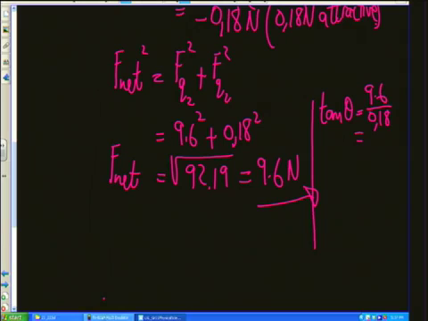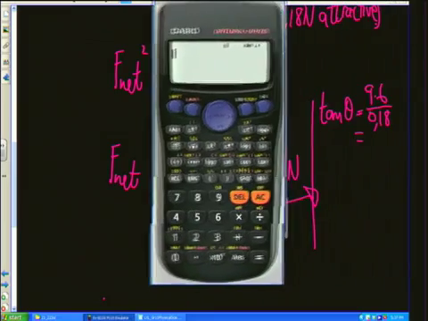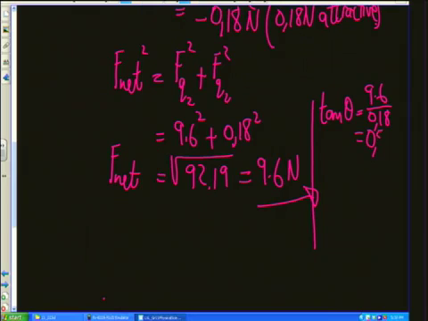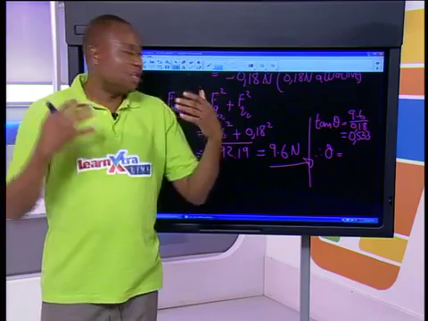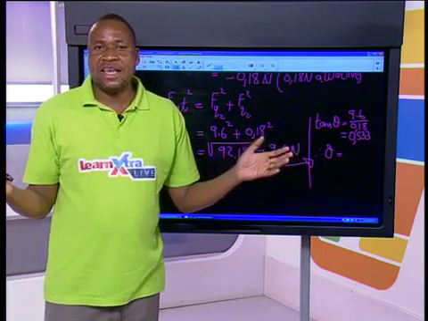We work that out, we get the tan theta, all right? That is 9.6 divided by 0.18. And what's that? It's 0.533. Therefore, theta is equal to the tan inverse of that. I think everyone can get that. And you would say that this force here is at an angle of theta there. We are there with the answer.